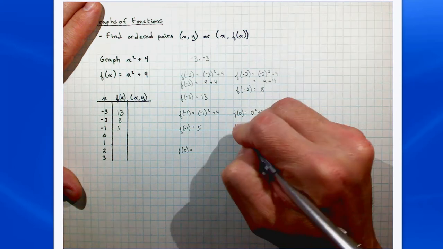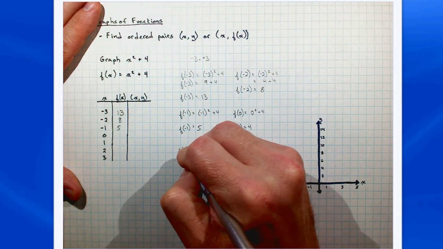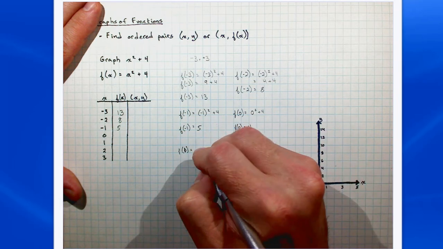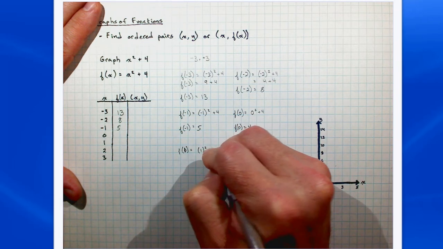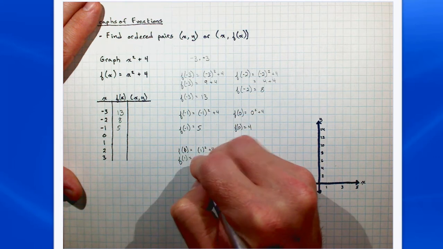So f of 0 equals 4. f of 1 is 1 squared plus 4. So f of 1 equals 5.